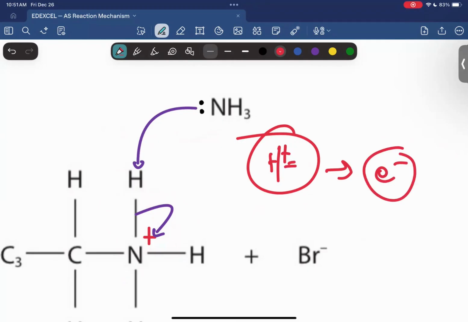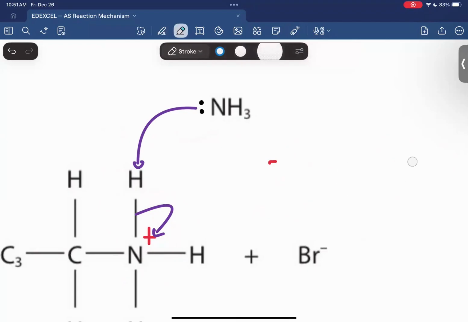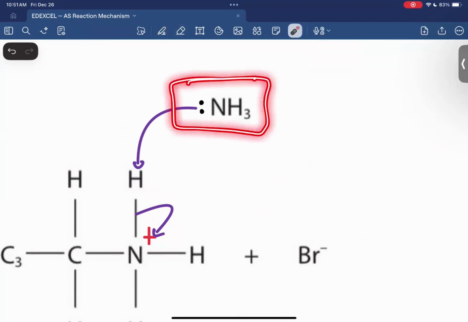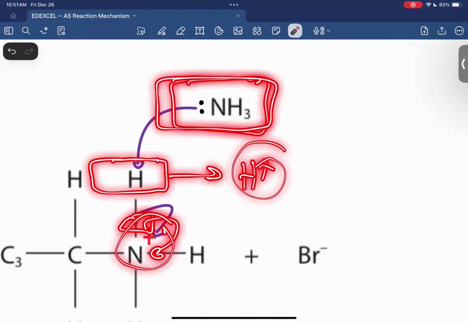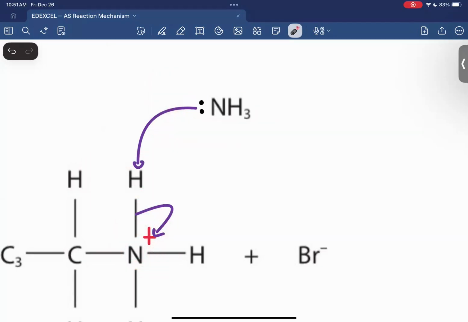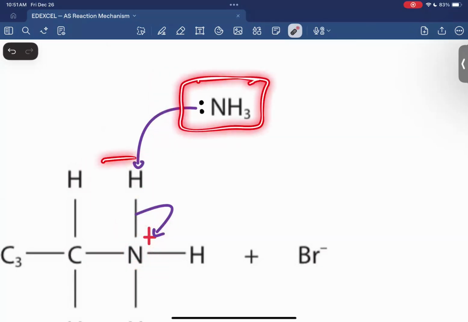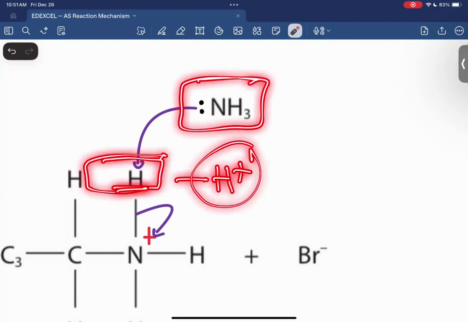Okay, now an important part. Since this thing is accepting a proton, this is technically H plus after both electrons go to this nitrogen, right? Since this thing is basically accepting a proton, H plus, what do we call proton acceptors in chemistry?